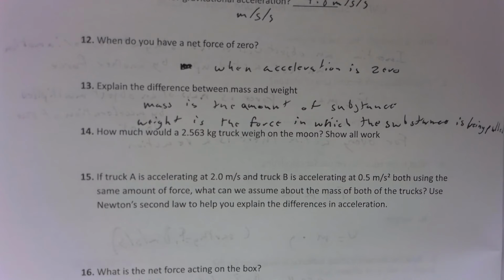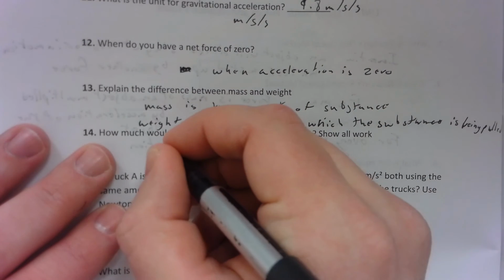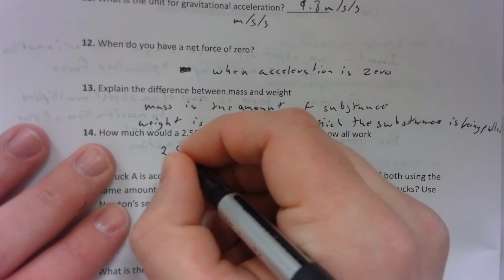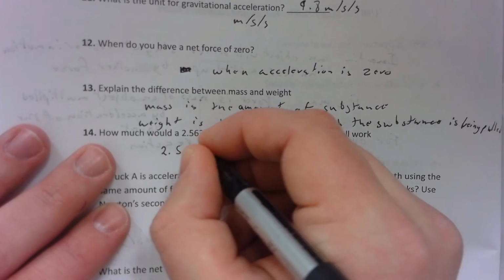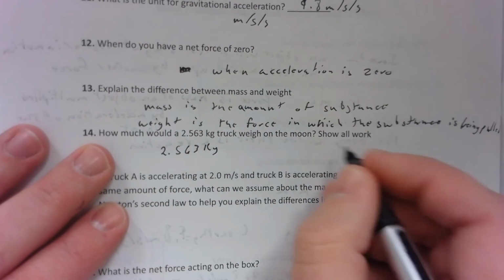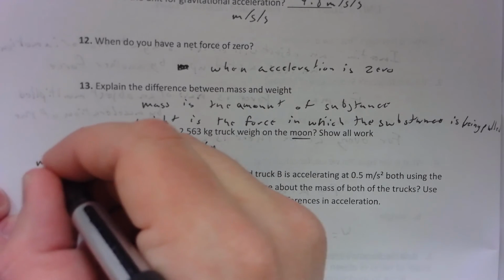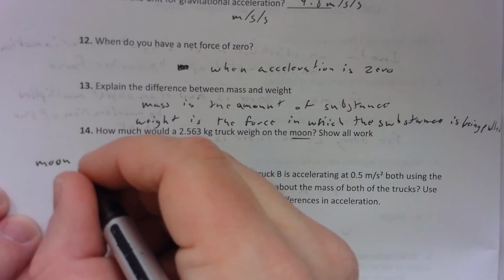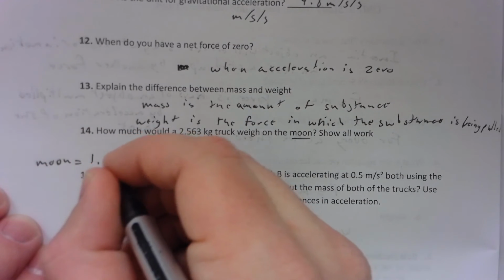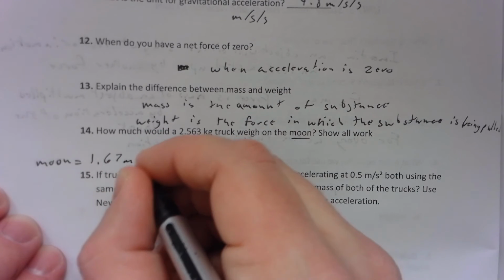So how much would a 2.563 kilogram truck weigh on the moon? This obviously is a toy truck, because that's quite a small truck. So we have our 2.563 kilograms, and it says on the moon, so the moon's acceleration equals 1.67 meters per second per second.